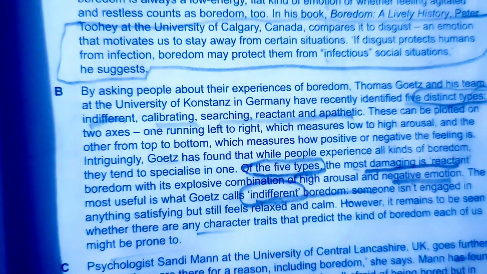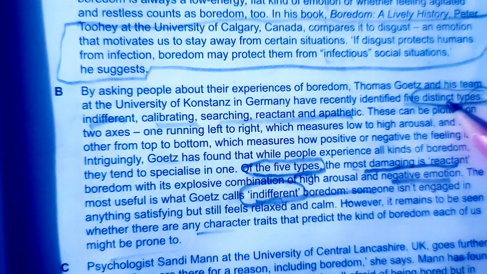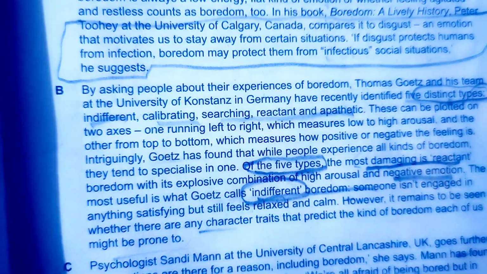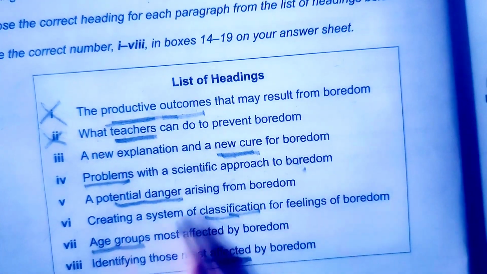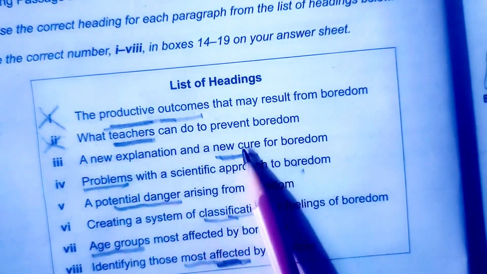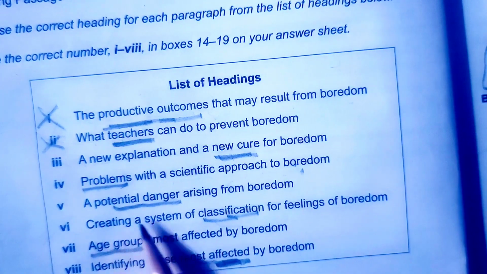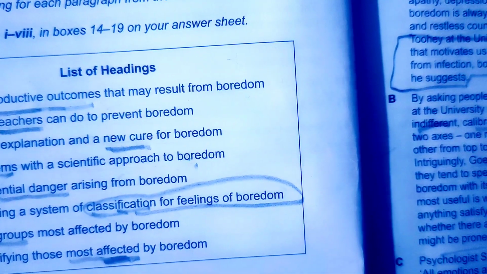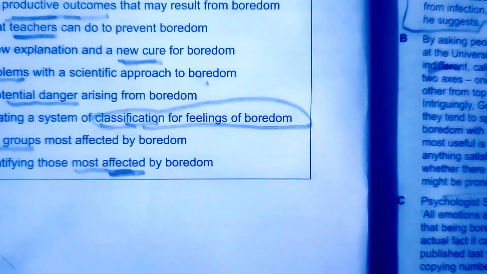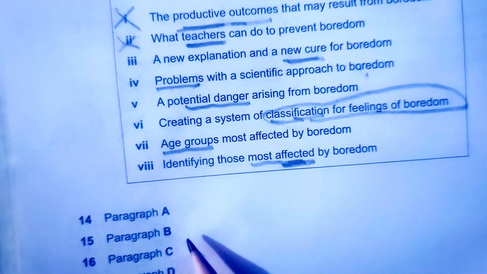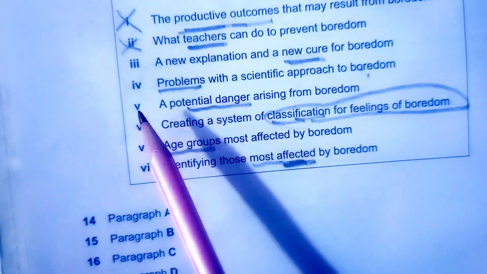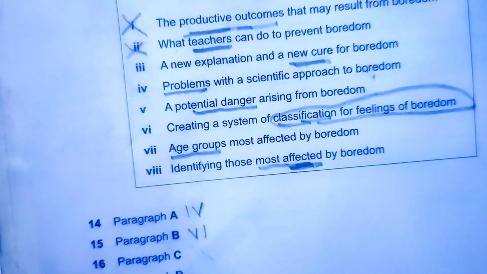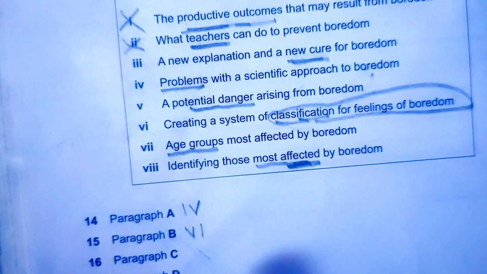So I don't have to waste my time, because there are times when I know that these types of words are repeated time and again, so my answer will be this one only. So 5 types, or any word that can give you 5 types. Productive outcomes, no. Teachers, no. New cure, no. Here it is given: creating the system of the classification of the feelings of boredom. Classification, what do you mean by classification? Classification means the types. So our second passage answer is the 6th and the first answer was this one, the 4th. So this is how you tackle the situation.